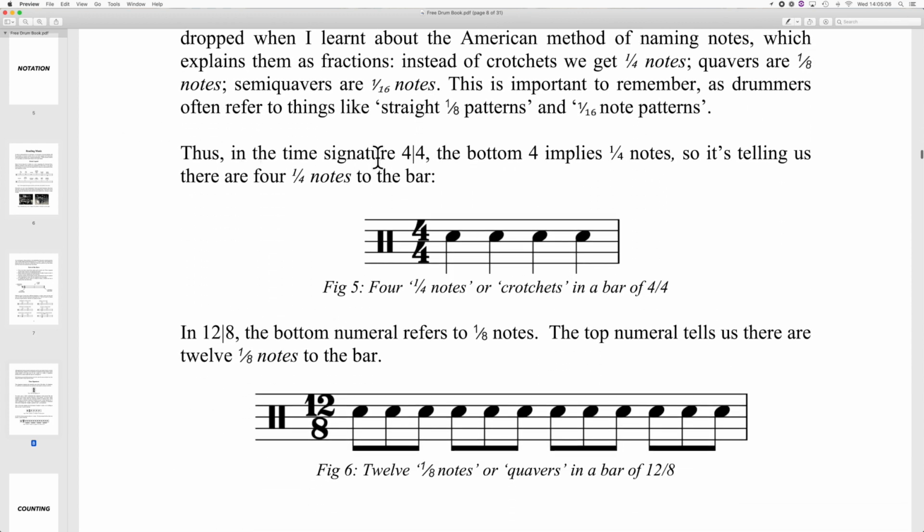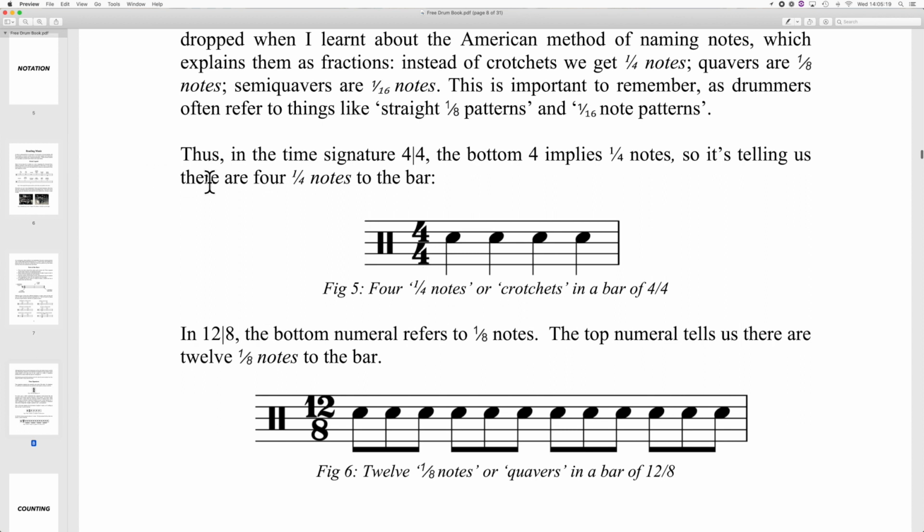Thus, in the time signature 4/4, the bottom 4 is implying quarter notes. It's referring to that fraction idea of there being quarter notes. And it's telling us that there are 4 quarter notes in the bar. So the top 4 tells you how many there are, and the bottom number says that those notes are going to be quarter notes. And the other name for a quarter note is a crotchet. That's right, well done. So here are our 4 quarter notes or crotchets in the bar.